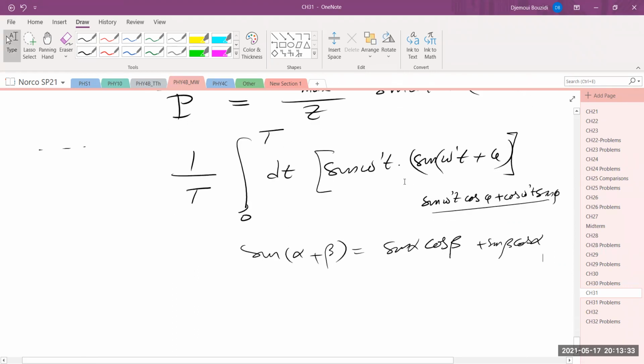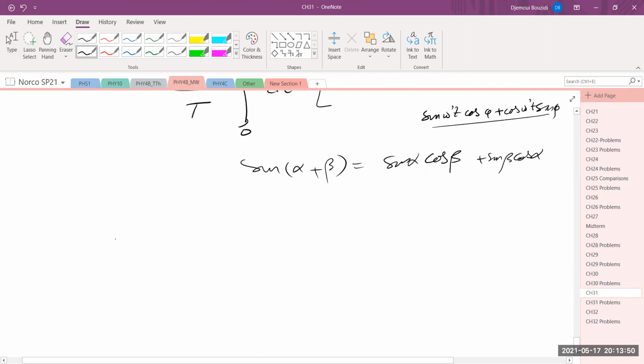So if I do that, I have sine omega prime t times sine of omega prime t, that's sine squared of omega prime t, and I have a cosine phi that doesn't depend on t, so I'm going to pull it out. Then I have sine of omega prime t times cosine of omega prime t times sine of phi. That too I need to integrate.